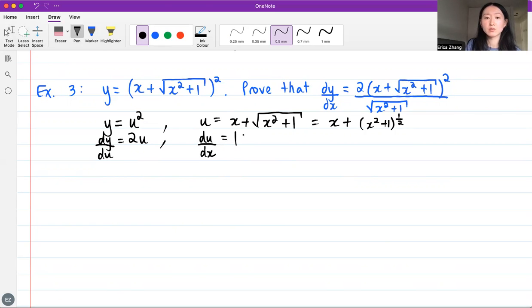And then over here, this is a power function, so bring the exponent down, which is 1/2, and then whatever was in the bracket stays in the bracket, right? This is like another application of the chain rule. 1/2 minus 1 is -1/2, multiplied by the derivative of the inside, that's the chain rule part, 2x.